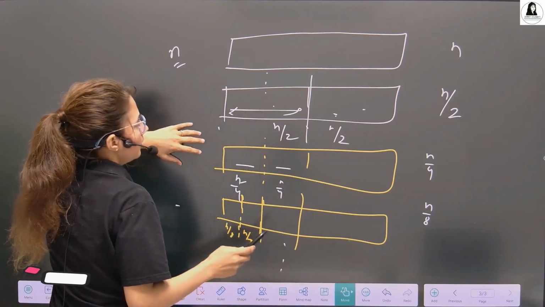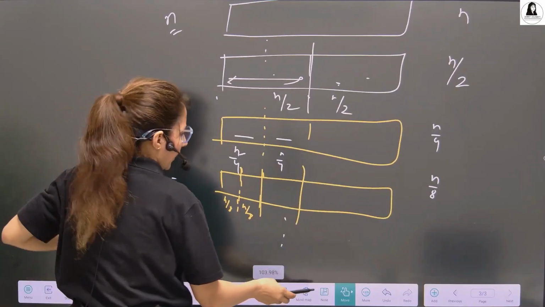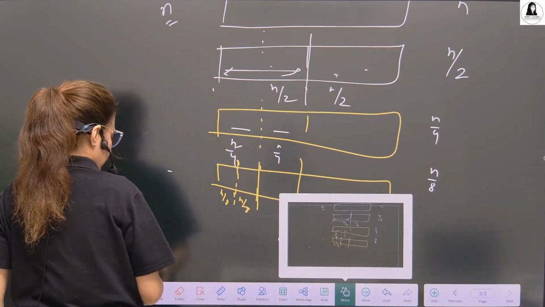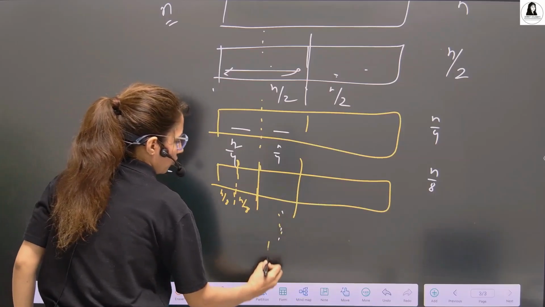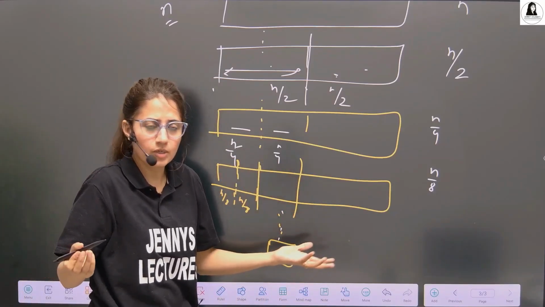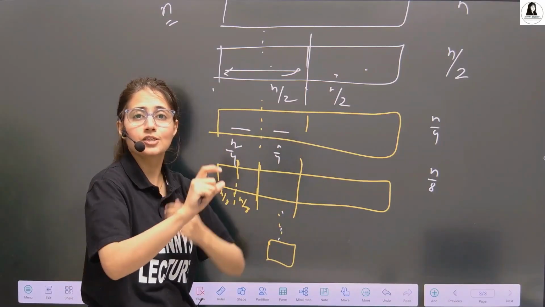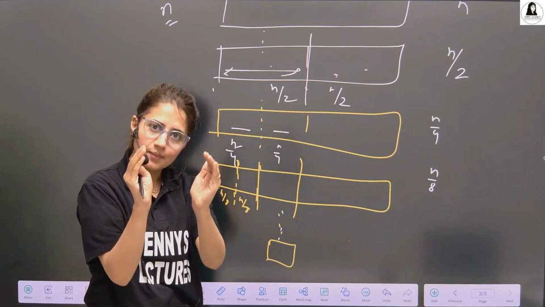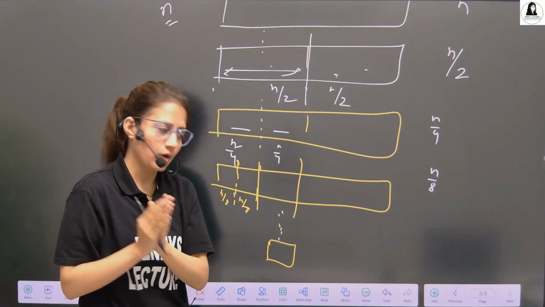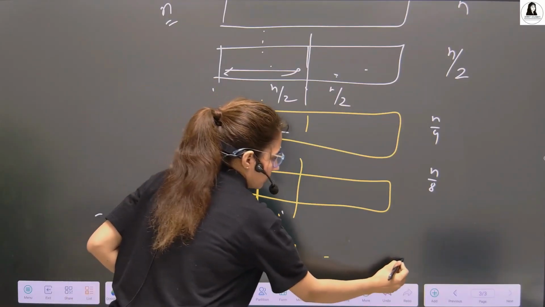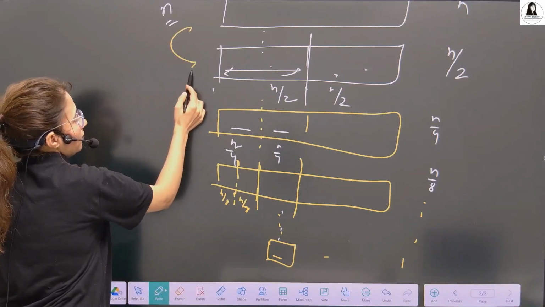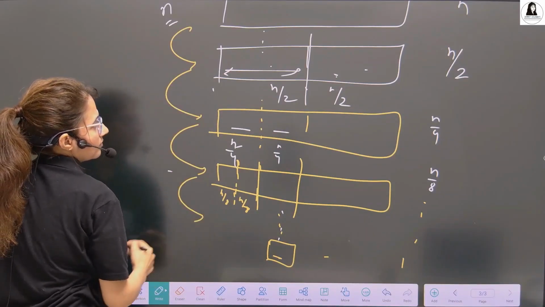Ultimately, at the end, the search space will become only 1. In the worst case, if the element doesn't exist, as I showed in the previous case, at last you get only one element and you have to search there. So it's 1. Like this we are going from here to here, then here, then here.